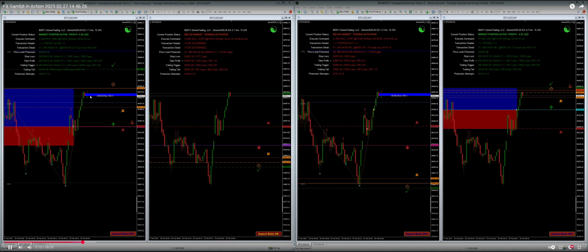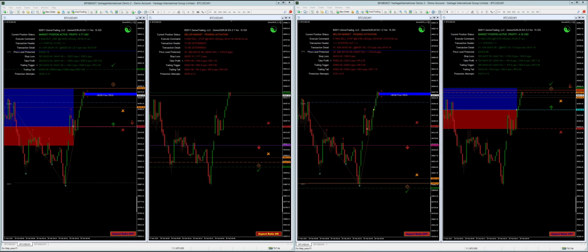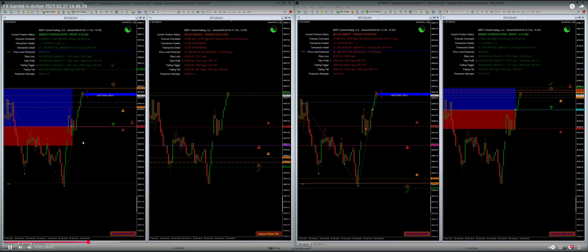So should the market reverse and hit the stop at the entry level, we'll have the partial close taken profit, the first part of the partial close, and the second part would just break even. I mean, close at zero loss. So let's wait and see how the market is going to continue.